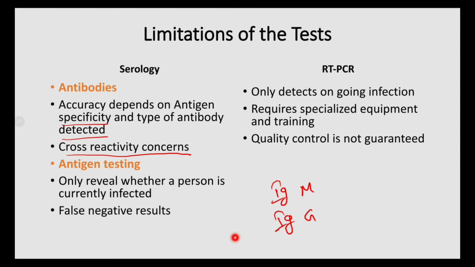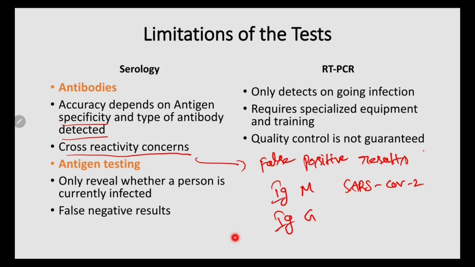Not only SARS-CoV-2, there are 4 more coronaviruses that already exist in nature. Because of these other coronaviruses, there is a chance that false positive results may occur.